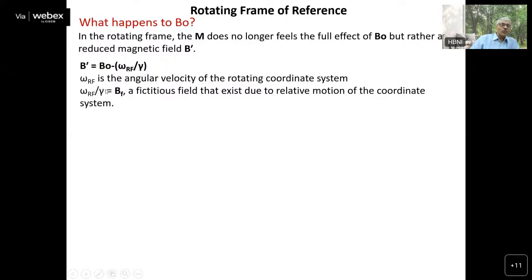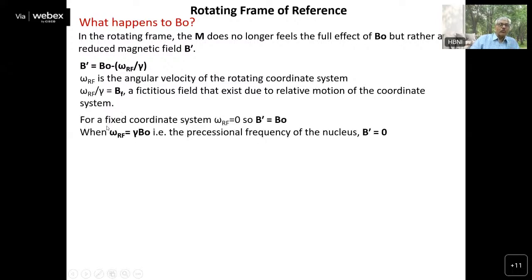This omega RF by gamma is equivalent to a magnetic field BF, called the fictitious field. This fictitious field exists due to the relative motion of the coordinate system, which was not there earlier.